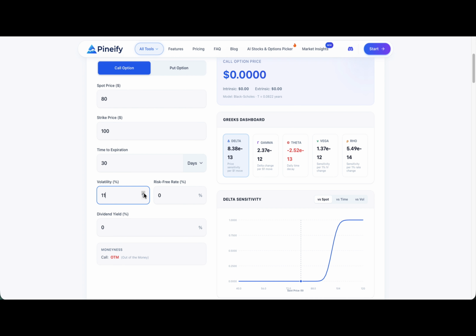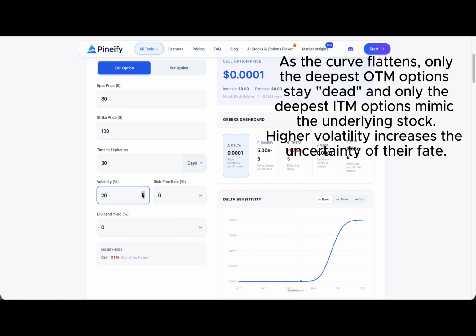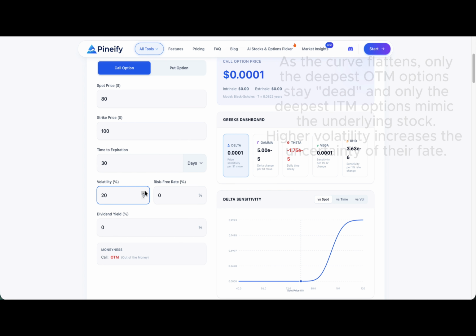So as you see, we are going to crank it up progressively up to 20%, all right? And you see here now that a volatility of 20%, by the way, is the volatility of a relatively safe and stable individual stock, I should say.